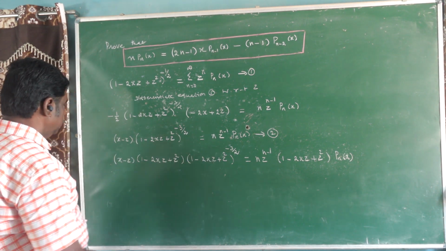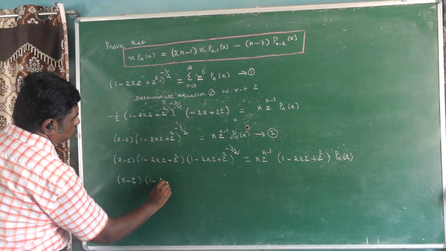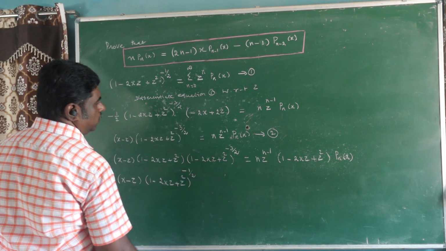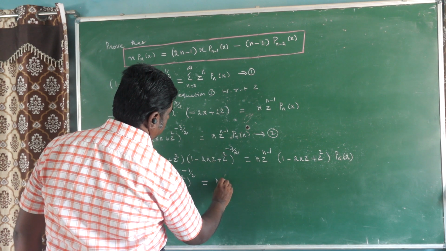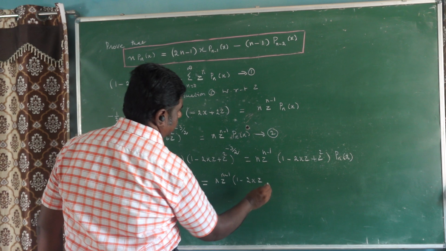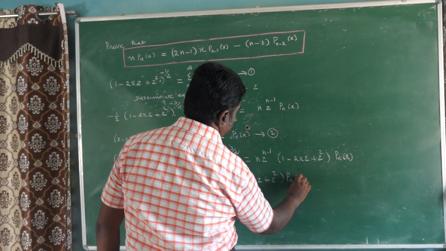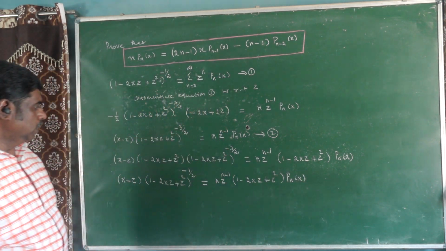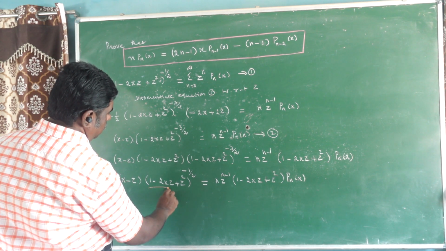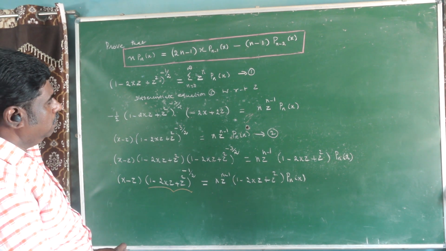If I add the powers, we can get (x minus z)(1 minus 2xz plus z square) power minus 1 by 2, which is equal to n z power n minus 1 (1 minus 2xz plus z square) into Pn of x. You know the value of (1 minus 2xz plus z square) power minus 1 by 2, which is our generating function, z power n into Pn of x.